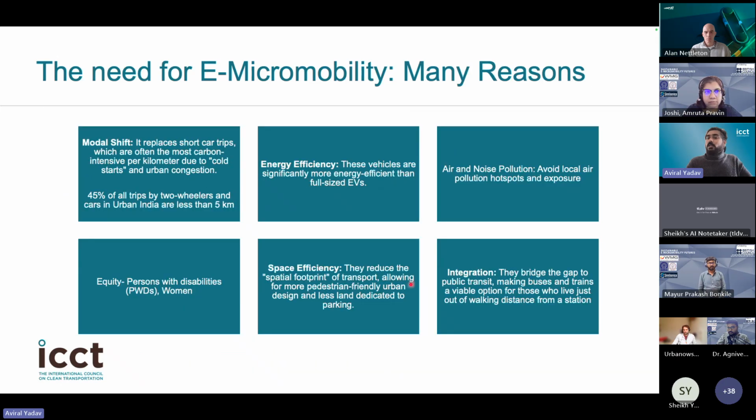Coming to the other reasons, energy efficiency, definitely. As the speaker before me said, why do we need to move literally tons of metal to move a 75, 80 kg human? So that's energy efficiency, to abate air and noise pollution, and also the sense of equity.